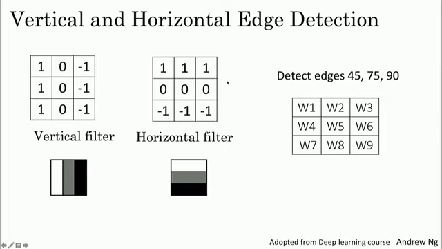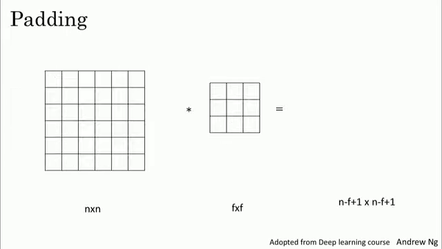But what happens if you want to detect edges at 45 degrees, 75 degrees, or any arbitrary pattern? Of course, we cannot hard-code all of them. So how a convolutional neural network works is that instead of hard-coding them, we assign parameters to them, W1, W2 to W9, and the model learns these parameters for us based on the data set that we feed through.